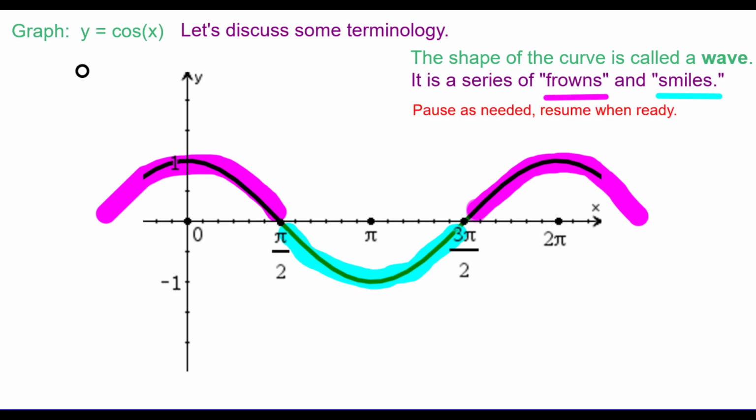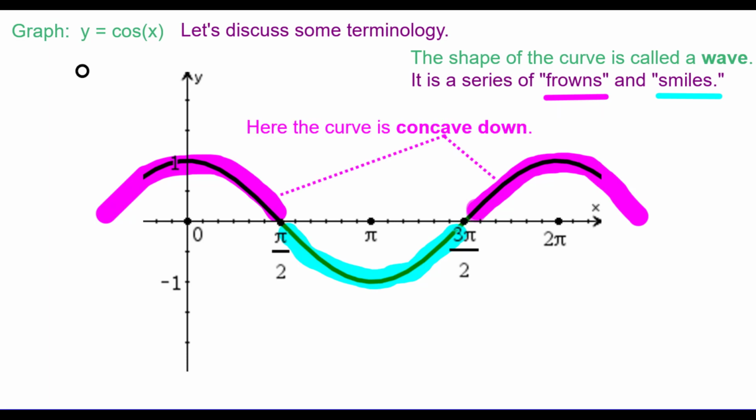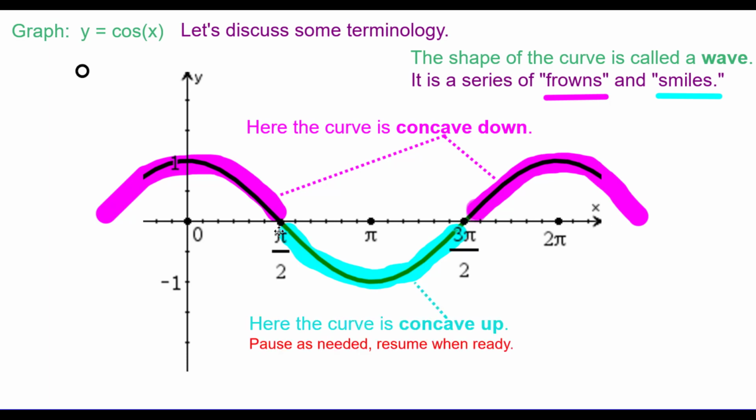We say that these curves are concave down. The frowns are concave down. Those are more mathematical terminology, concave down. And the smile part, the curve is concave up. Concave up.